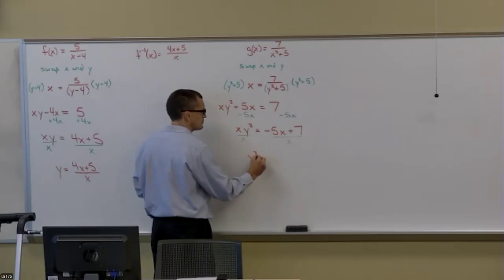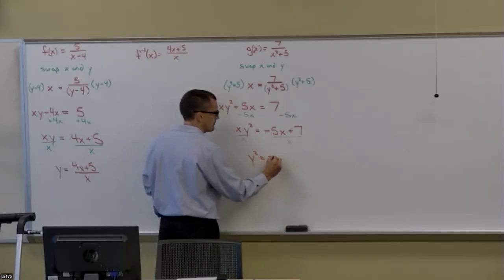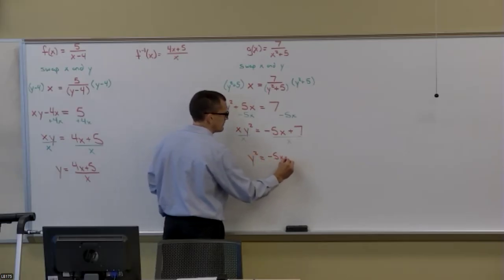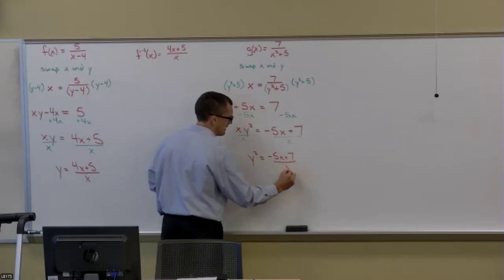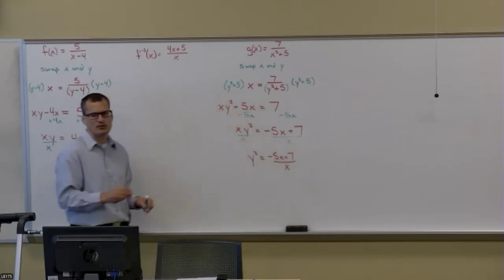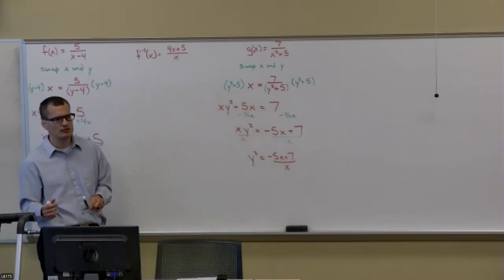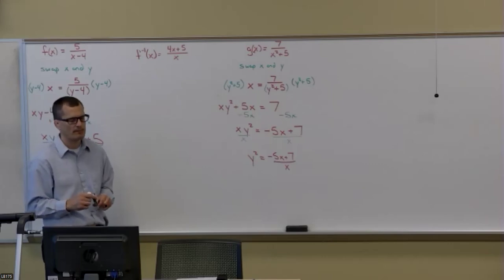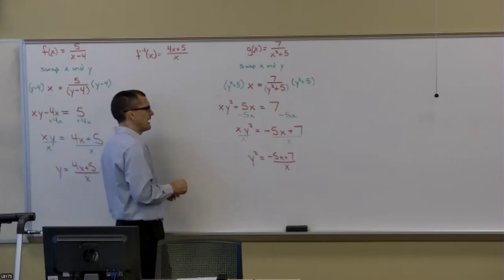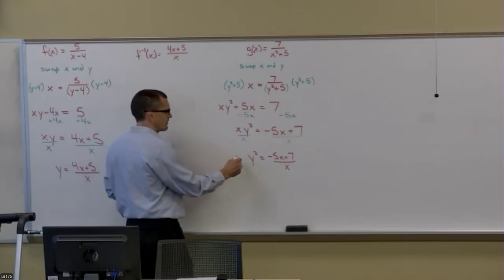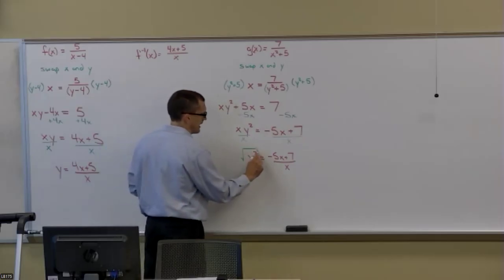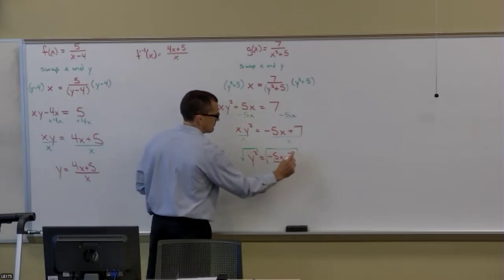I get y squared is equal to negative 5x plus 7, all divided by x, or an algebraic equivalent of that. Divide it into 2 terms if you'd like. And then in order to get rid of the square, in the same way we did last time, I'll take a positive square root of both sides.